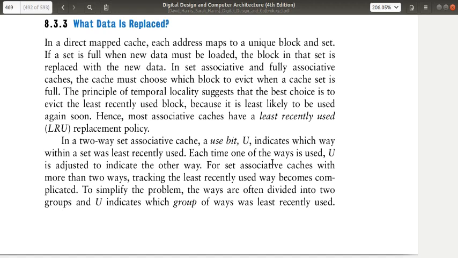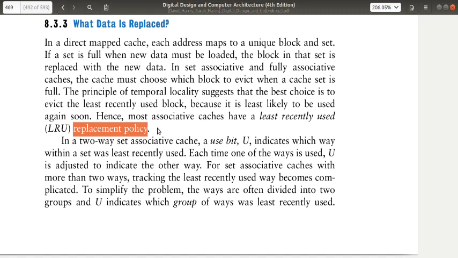There should be some uniformity regarding this, right? So this policy is called a replacement policy. The replacement policy decides, in set associative mapping and fully associative mapping, which block has to be replaced when a set is full. That is the concept of replacement policy.